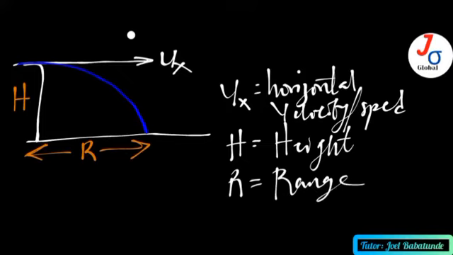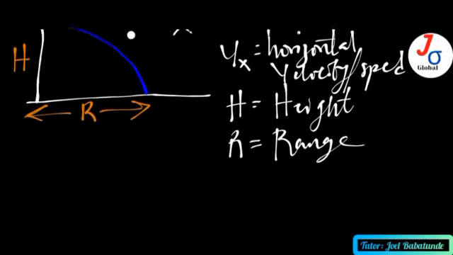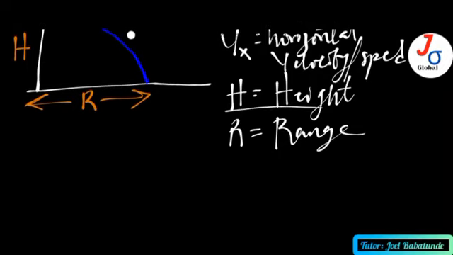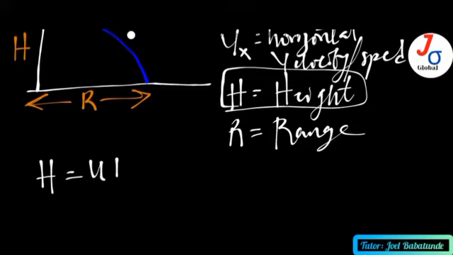So from the equations of motion, we're going to get a formula for H. What's the formula for the height? Seeing that the ball is falling from a height, the H is actually UT plus half GT squared.